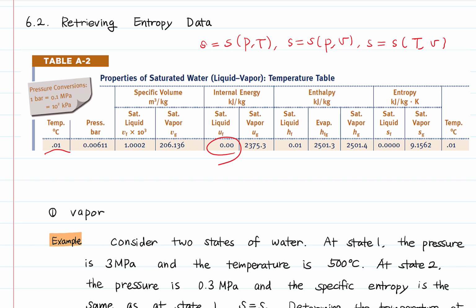So this is an arbitrary datum. There is no absolute value of entropy at a specific state. Instead, we are interested in the entropy change between the states.